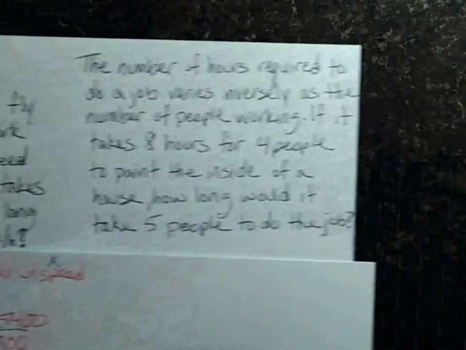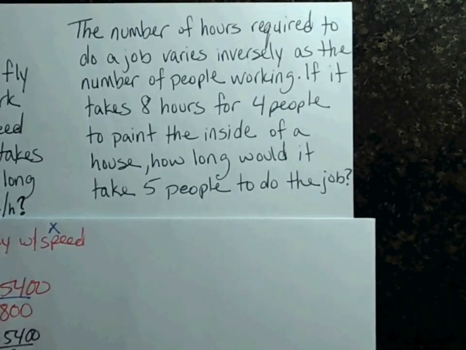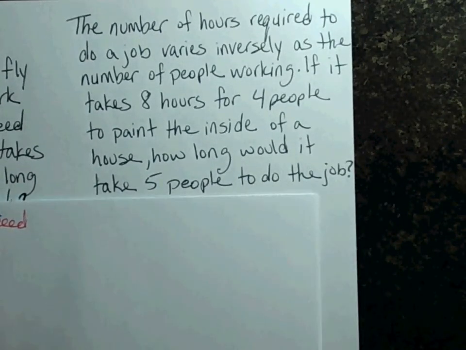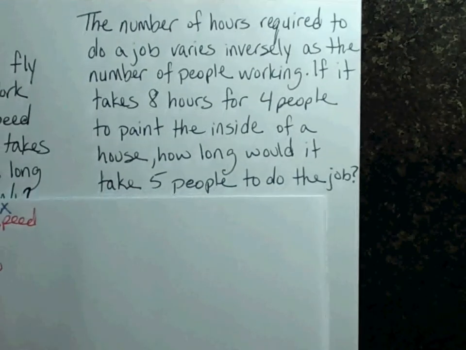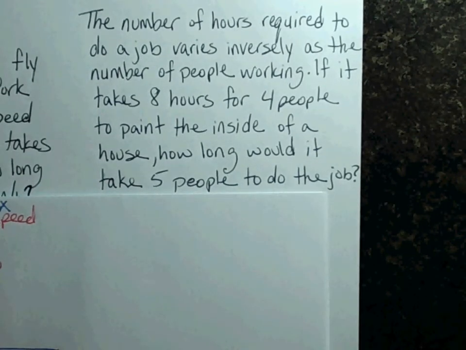Alright, so here's the next problem. Same stuff for the most part. Do you understand what the problem is saying? Here we go. The number of hours required to do a job varies inversely as the number of people working.